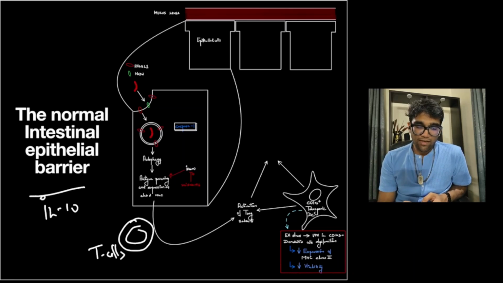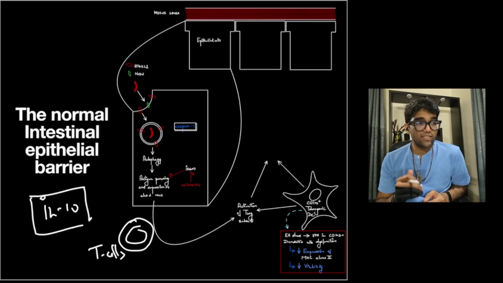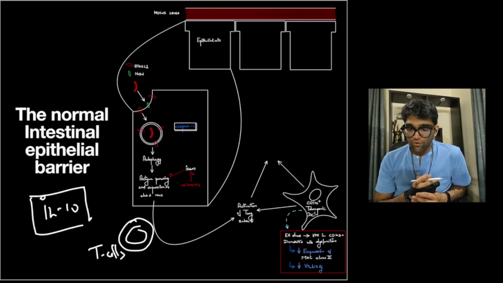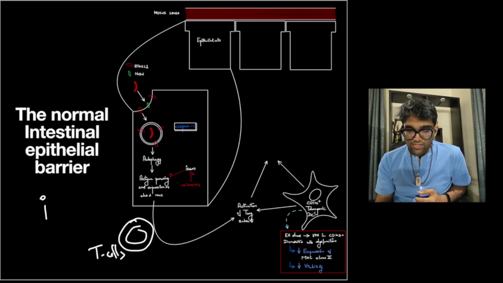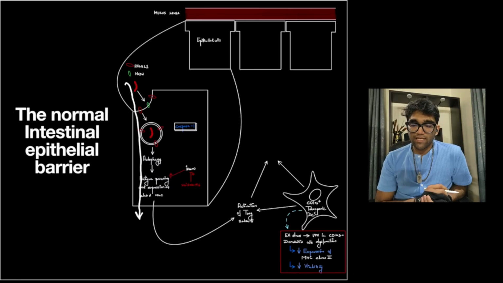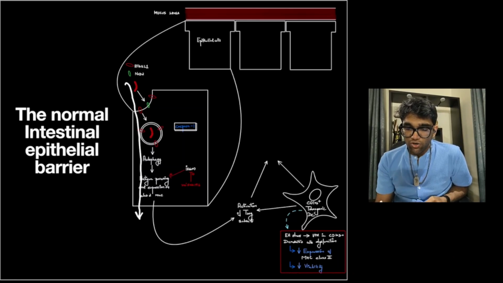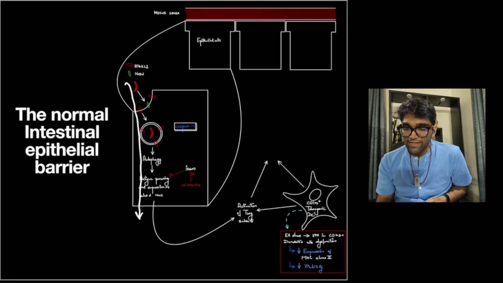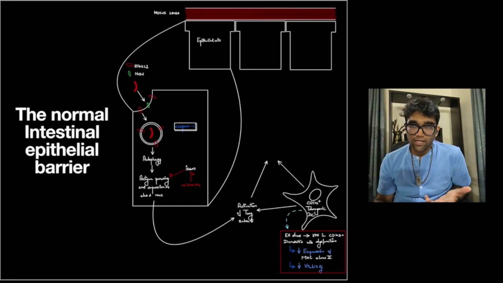Now, interleukin 10 is an anti-inflammatory interleukin. It signals to surrounding cells that there is no need to panic, there is no need for immune activation, and therefore it prevents inflammation from happening. So a steady stream of metabolites from the lumen of the intestine through the epithelial cell in this process ensures that a population of T regulatory cells is maintained within the normal intestinal mucosa, preventing unnecessary aberrant immune activation.